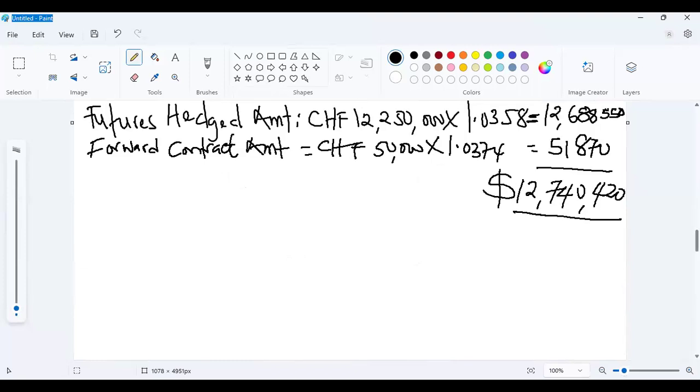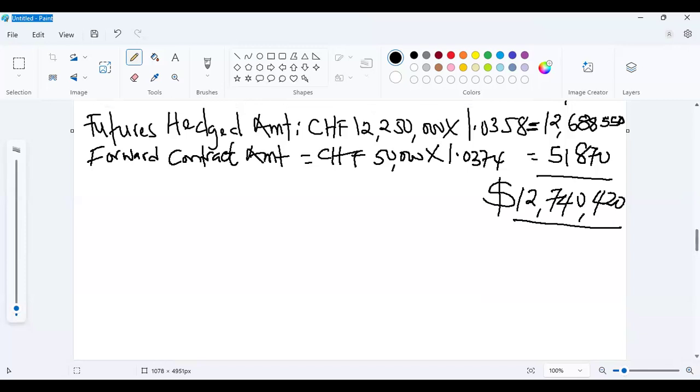That means the hedge is fine. It's good for the company. Now, please note, if you compute in the exam and you get less than your target amount, that means there's an error in your calculation. Let me repeat my points.